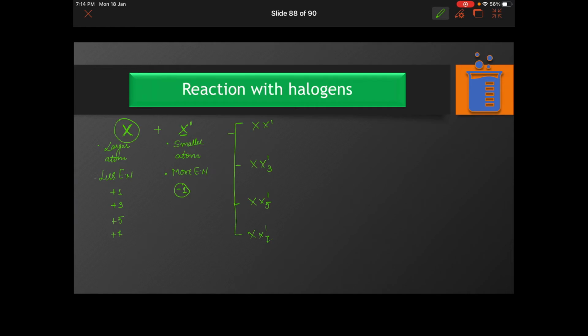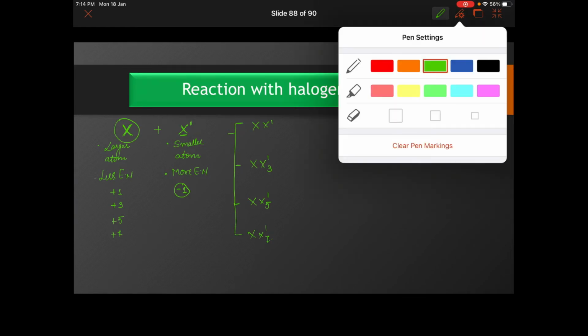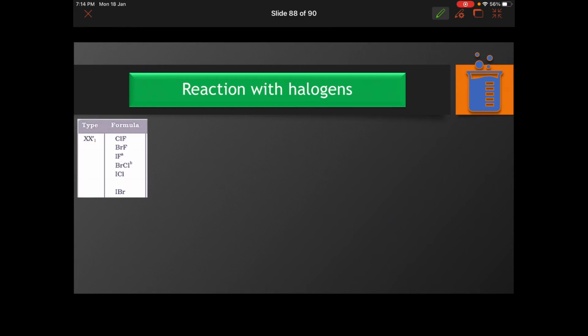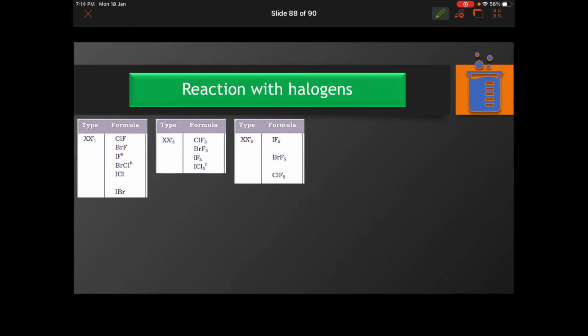So what I have done over here is I have made a small table where XX' will be formed by these particular elements, XX'3 will be formed by these particular elements, XX'5 will be formed by these, and XX'7 has only one existence, and that is nothing but IF7.